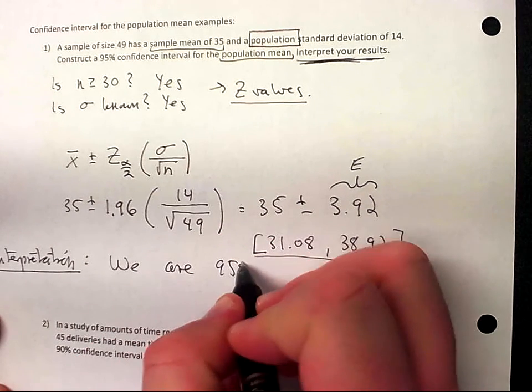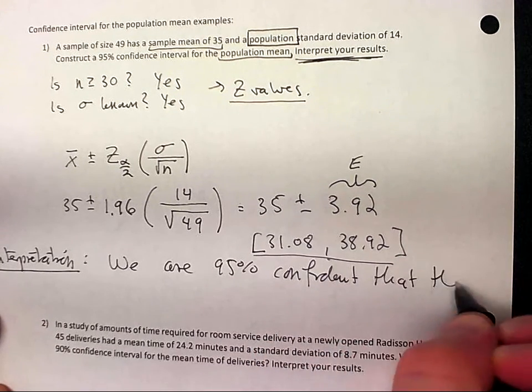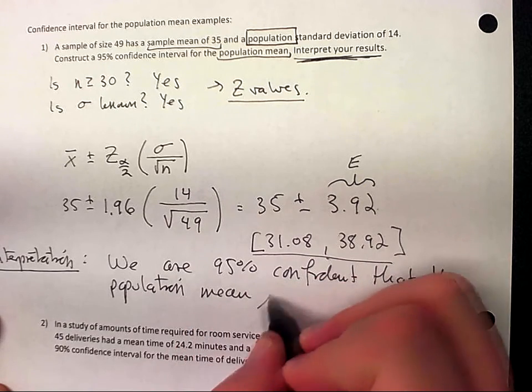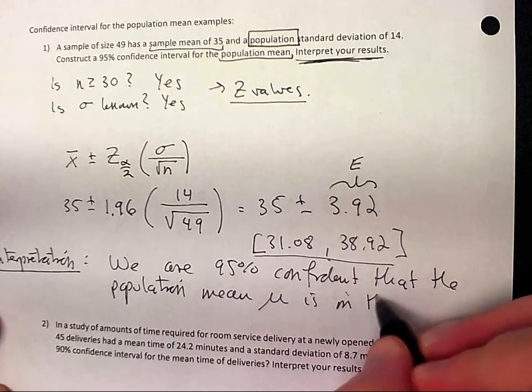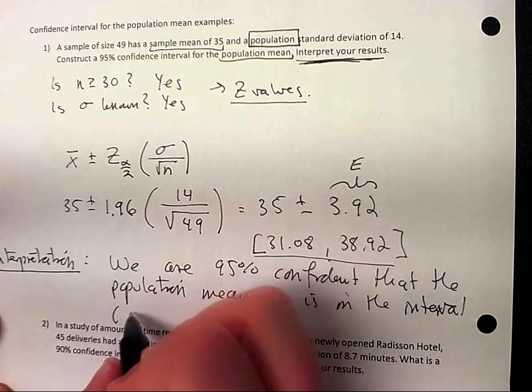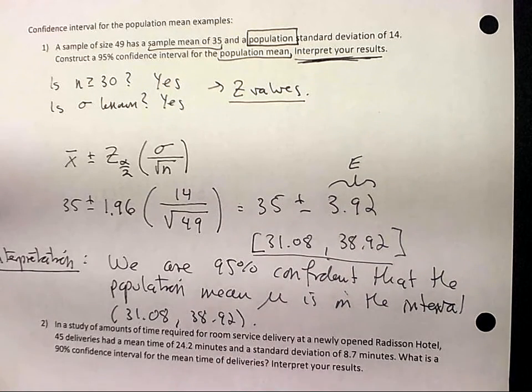We are 95% confident that the population mean mu is in the interval, which we just calculated out, round brackets, 31.08 to 38.92.